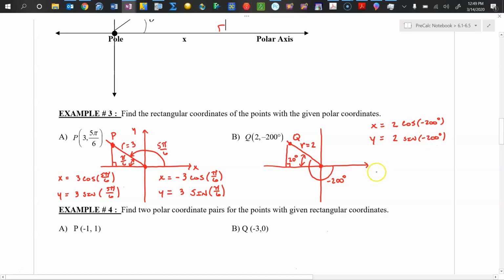Or if you prefer using the reference triangle, you can simply say, well, I know that my horizontal component needs to be negative, but the cosine of 20 degrees is not negative, so I need to put a negative sign in front of that 2 to account for that. For the vertical component, or the y coordinate, we do not need to put a negative in front of the 2 because it is positive.